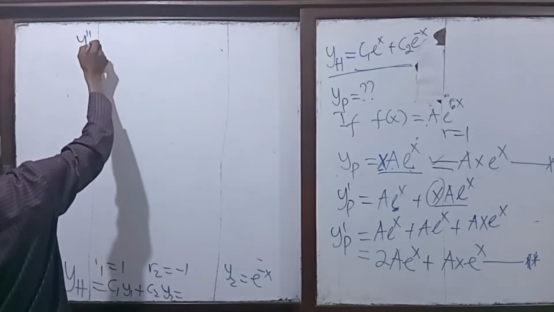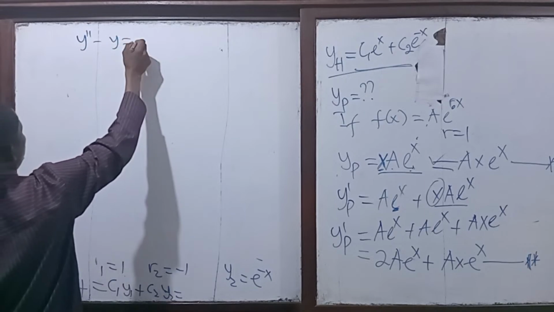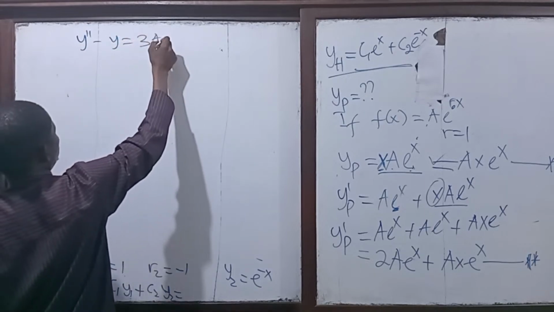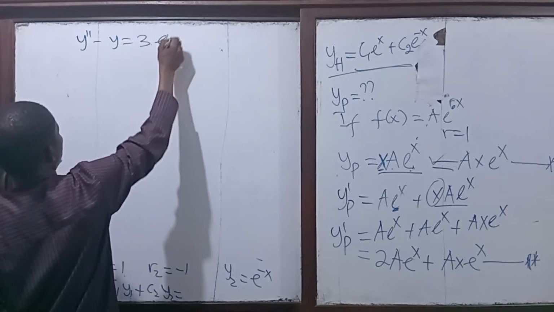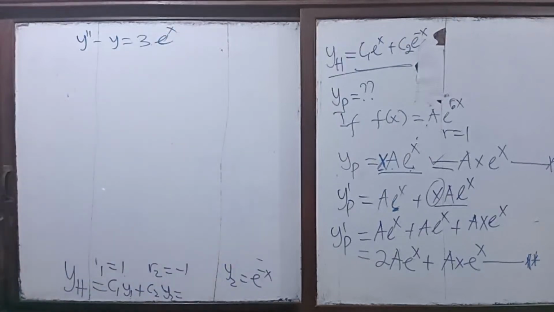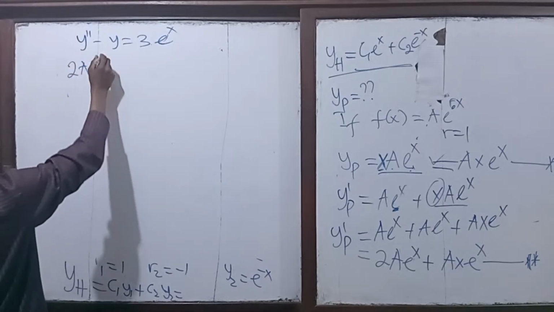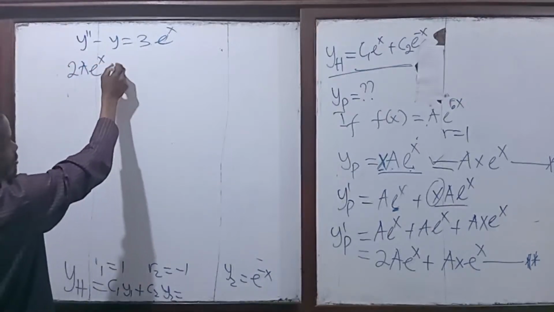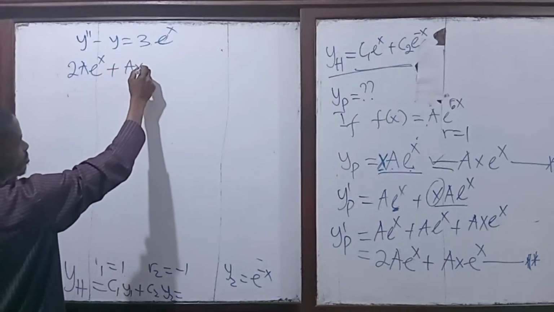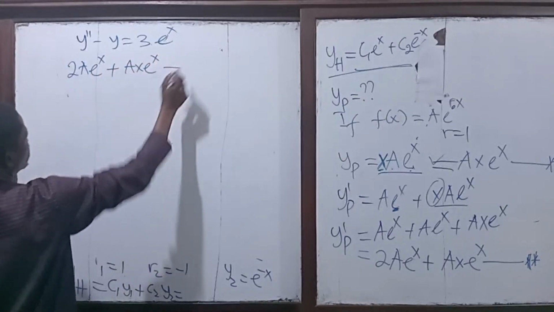Second differential of y, minus y, equal to 3 e to power x. So my second differential is 2a e to power x plus a x e to power x, minus y.